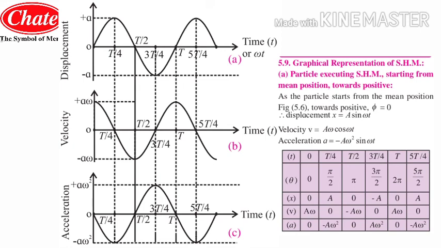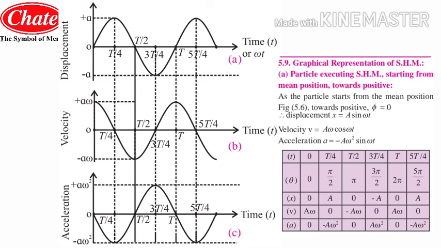That's why the equation of acceleration possesses the minus sign. Then the extra omega will be there, that's why we can see omega square there. So this is the equation of acceleration that we have obtained from differentiating the equation of the velocity.